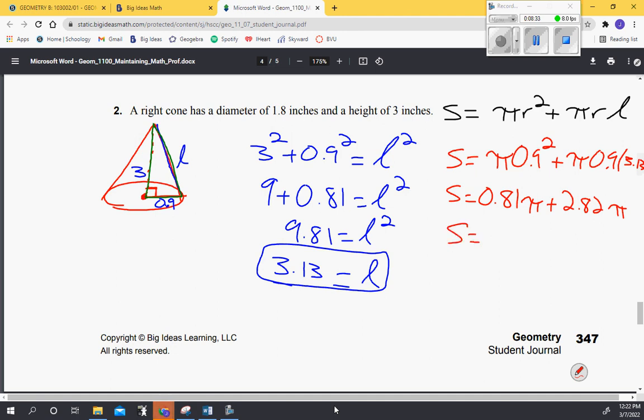S is equal to 3.63 pi, and when we multiply that by pi, we get 11.4. This is inches squared. Alright, that's surface area.